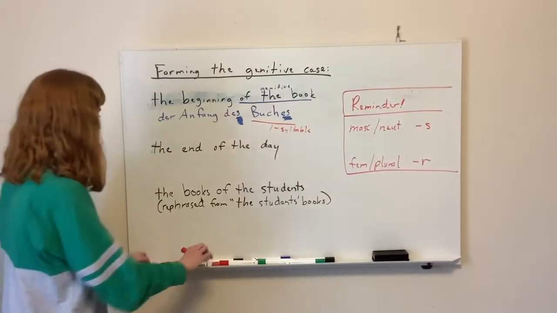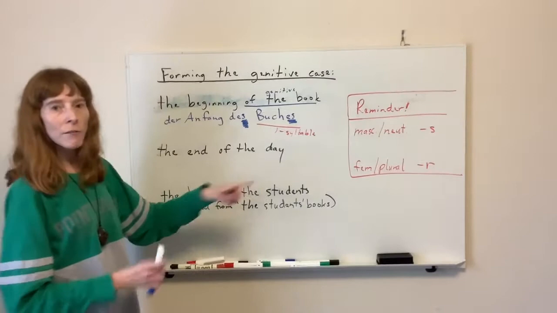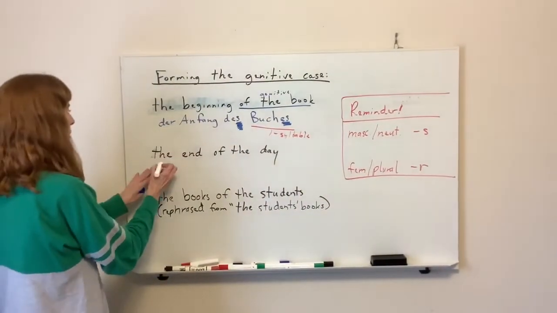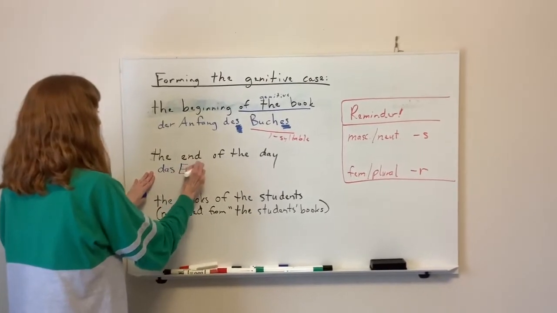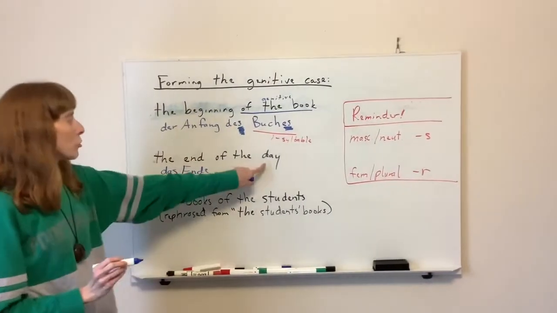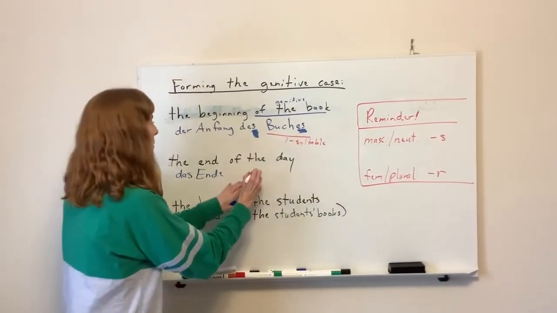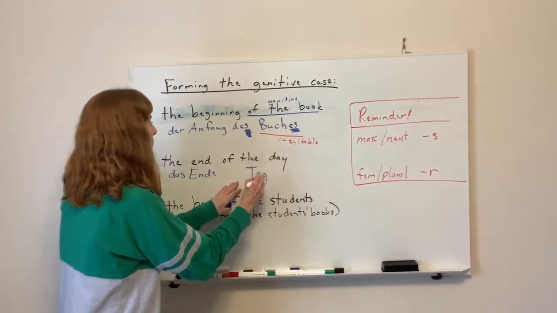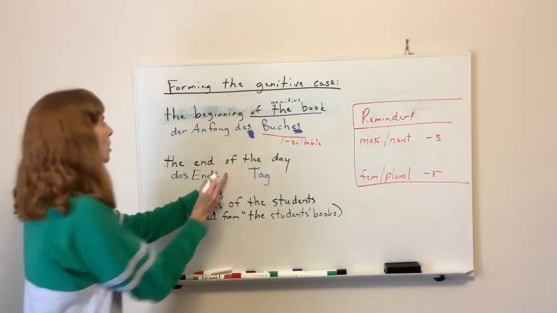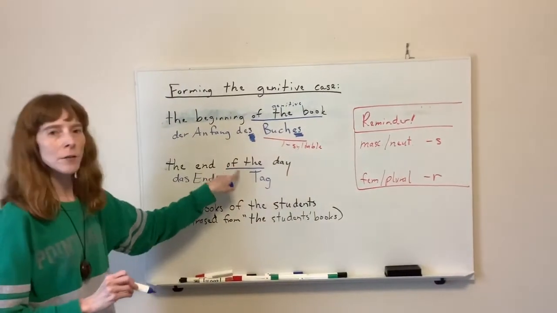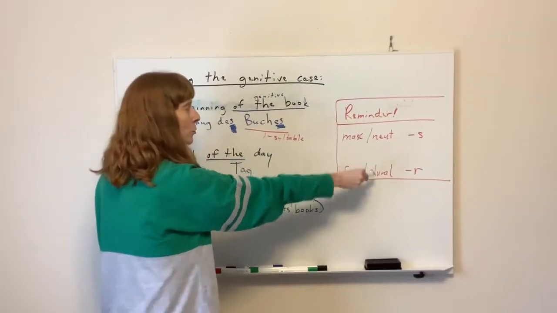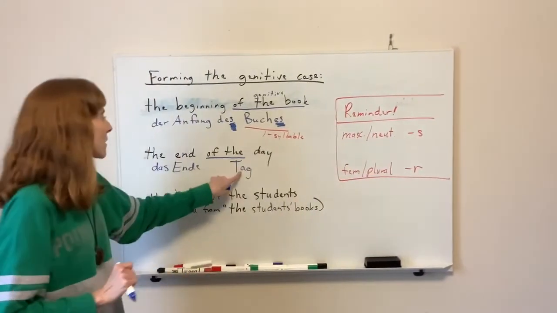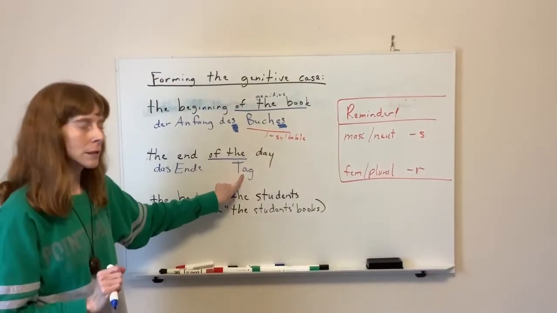Same thing with this example. The end of the day. Once again, we start with the word end. Das Ende. You know the word for day, so we can go ahead and put that down. Tag. We've now got to work with "of the." We know that's genitive. So immediately we're looking over here at the letters we're going to use for genitive. Tag is masculine.